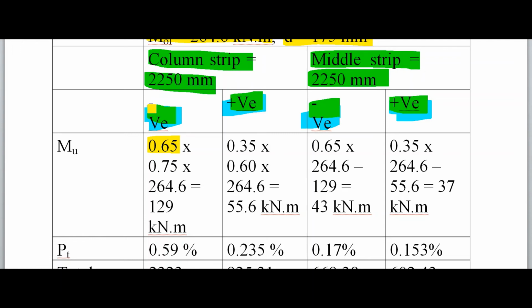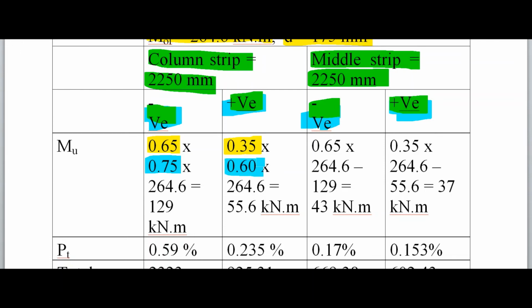Negative moment is 0.65, positive moment is 0.35, for the whole interior panel. But we are going to calculate for the column strip. For the column strip, 75% of the moment for negative, as well as 60% of the moment for positive.